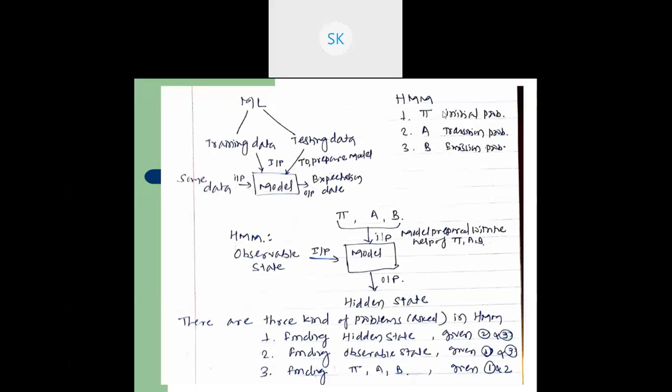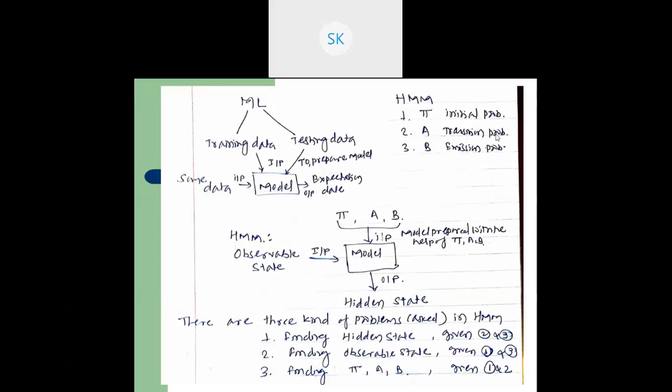Now, with respect to the hidden Markov model, we have the input data as pi, that is the initial probability, the initial probabilities of the event. In our problem, we have seen the initial probabilities given with respect to the weathers, and weathers are our states. Capital A is represented for transition probability and B for emission probability.